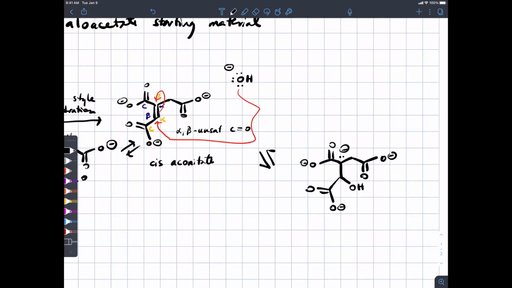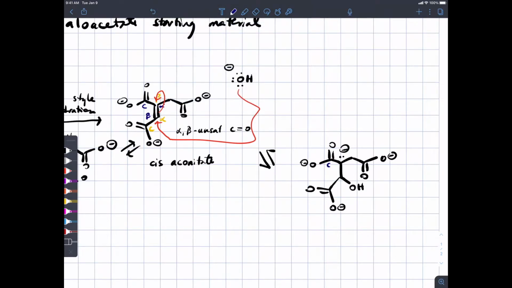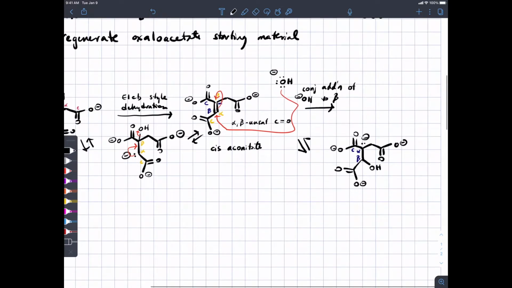Do you see how we got there? It's just conjugate addition of a nucleophile to the beta carbon of an alpha-beta unsaturated carbonyl compound.